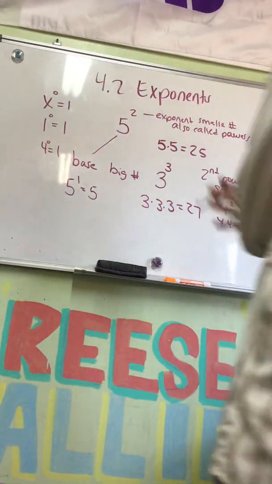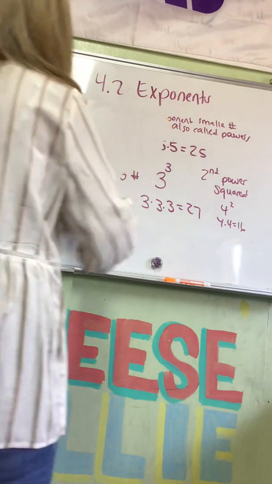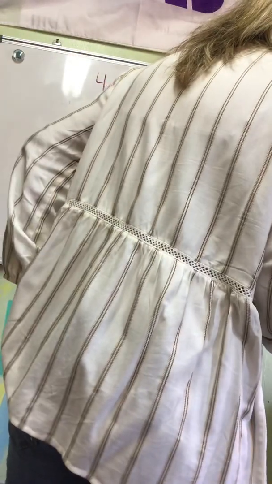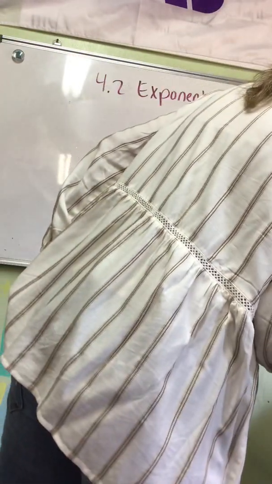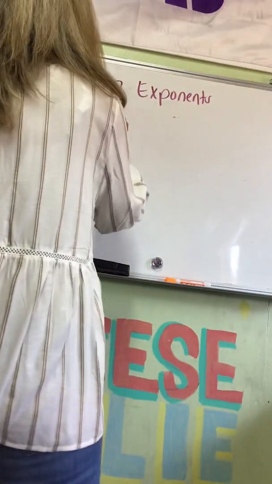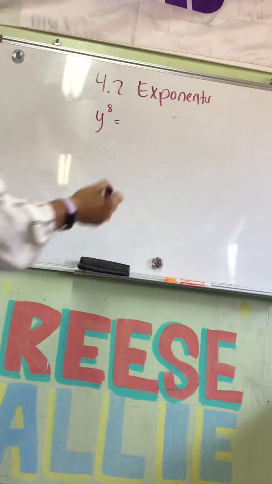So in this section, they make you identify some bases and exponents. It's pretty simple if you know the rules. The first one they give you, we'll do number 2, y to the 8th. They ask, what is the base and what is the exponent?